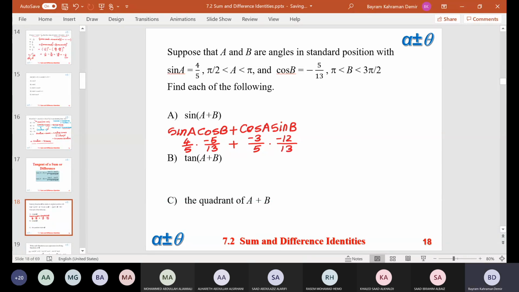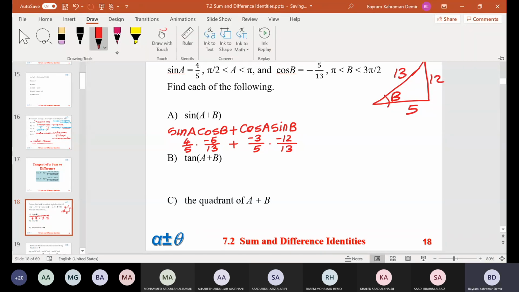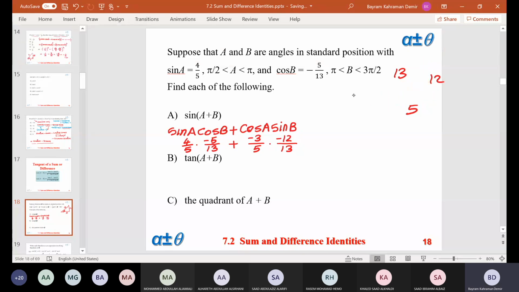So if you are having trouble imagining, please just draw a triangle so you can see, Shabab. 5 is here, 13 is here, and 12 is here. If it is hard for you to imagine, huh? I don't think we should just sketch a triangle again and again and again. So you should practice how to imagine, because in the exam it will help you, Shabab.